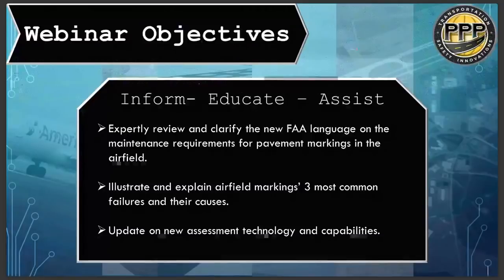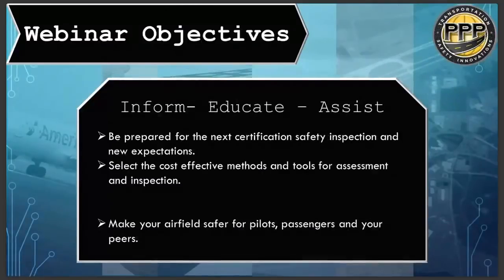In the end, we hope to have you prepared for your next certification safety inspection and its new expectations. Also, to select a cost-effective method and tool for your assessment and inspection, and ultimately to make your airfield safer for pilots, passengers, and your peers.